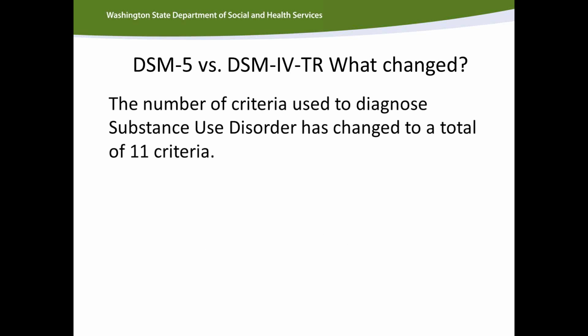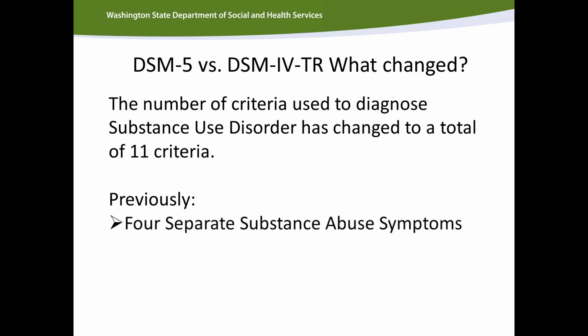The number of criteria used to diagnose: previously there were 11. It has changed. There's still 11, but there have been a couple of changes, one subtraction and one addition. Previously there were 4 separate substance abuse symptoms that were diagnosed separate from the dependence criteria.